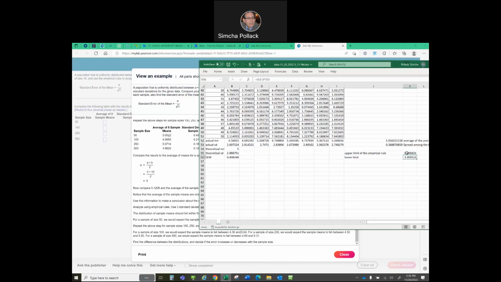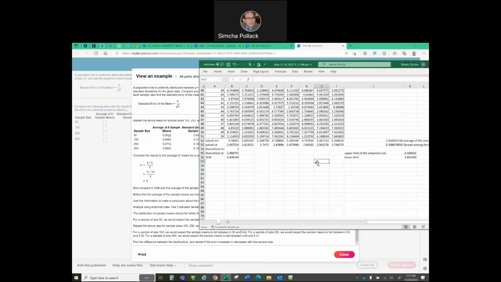So the upper number is 6.10. Is that what we saw before? And what's the lower number? I'm going to change that to, again, not the cell, but the ideal value. 3. Yes, these are the numbers I believe we saw before. 6.11 when you round it off, and 3.89.